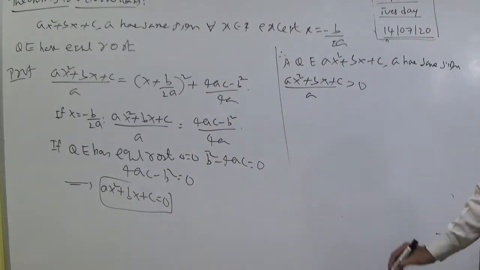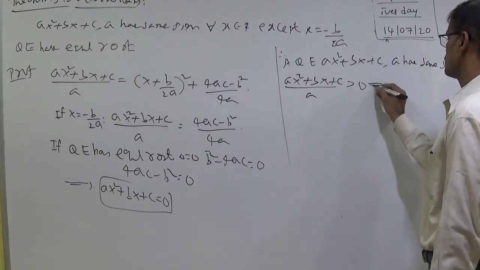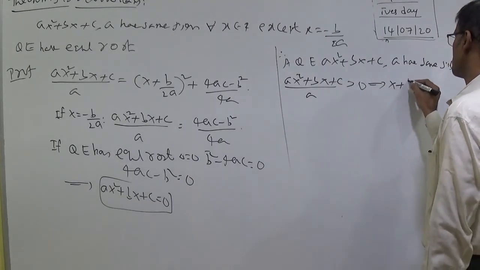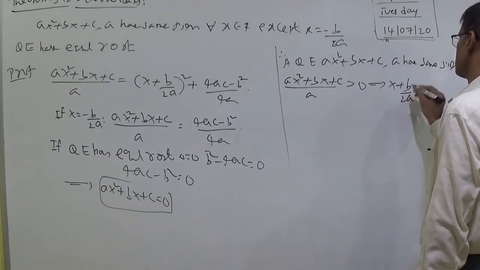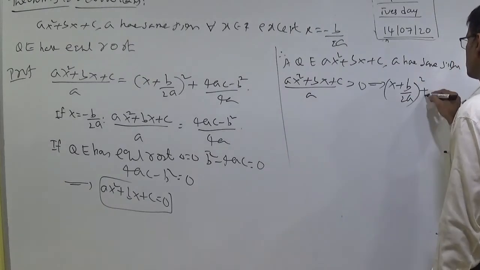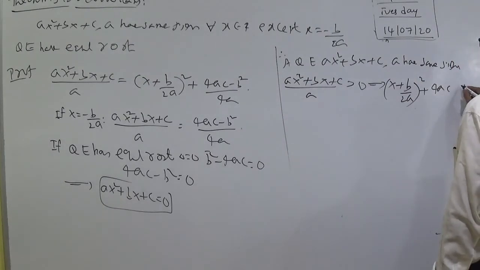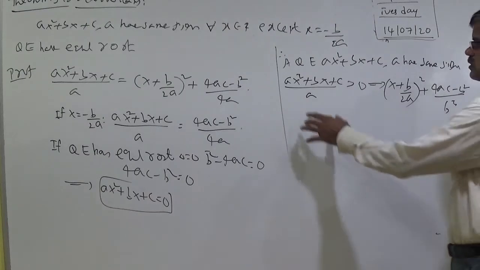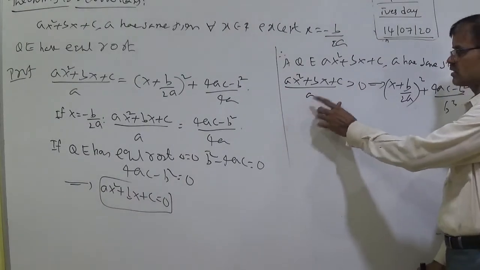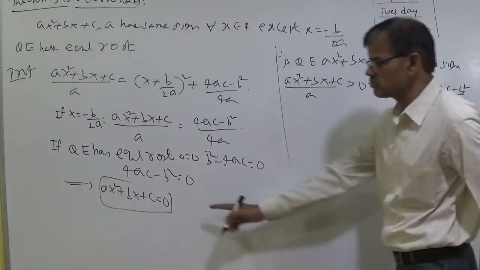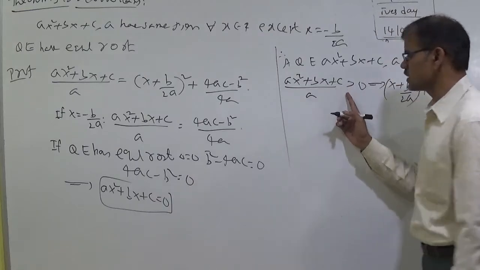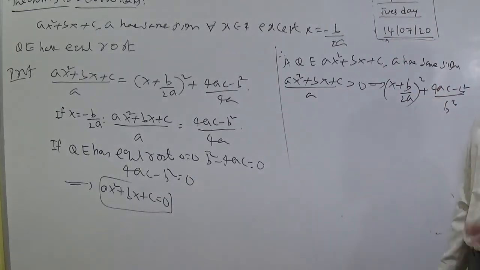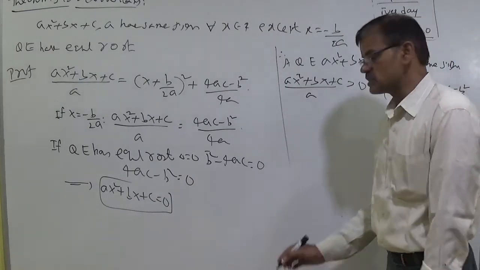That implies, as we had written in the previous sum, x plus b by 2a whole square plus 4ac minus b square by 4a. Observe this: whenever ax square plus bx plus c by a is greater than 0, not simply equal to 0, the right side should also be greater than 0.